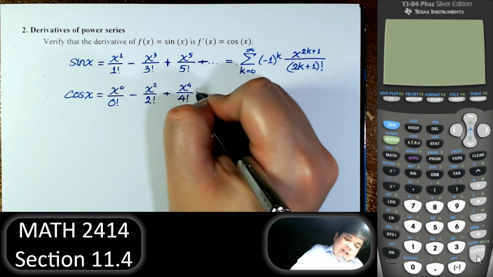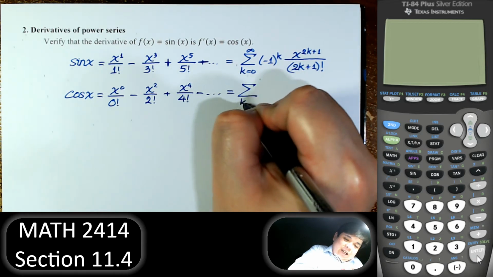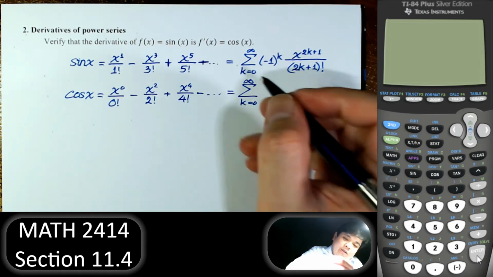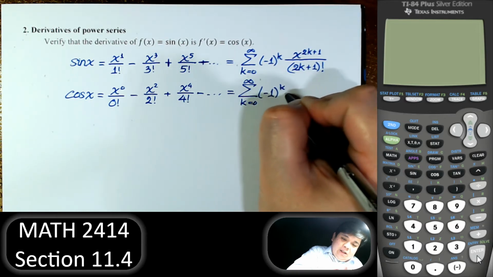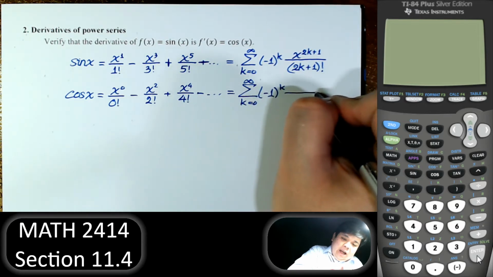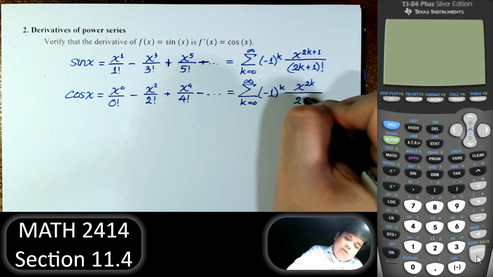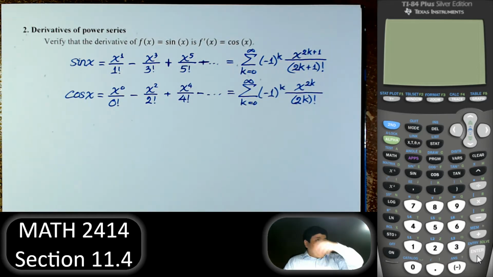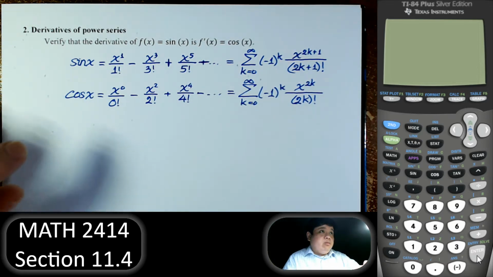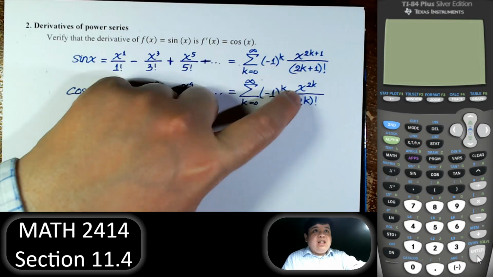The sign alternating, sorry. k equal to 0 to infinity, (-1) to the k, and then we have an even power, x to the 2k over (2k) factorial. Right. So that's the power series, the Taylor series for sine and cosine. Actually, those are the Maclaurin series because they're centered at 0.